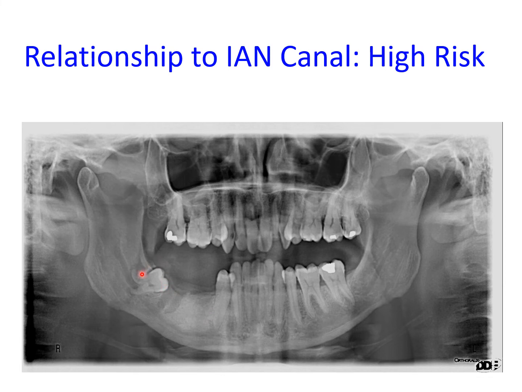This lower right impacted mandibular third molar shows a very high risk category wisdom tooth. As you can see, the mesial root is completely overlapping the inferior alveolar canal shadow, and not only that, there is a marked dilaceration on the distal root, and thirdly you can see a large juxta-apical radiolucency which might indicate a defect in the roof of the inferior alveolar nerve canal, and this might mean that the nerve is in direct communication with the distal root.